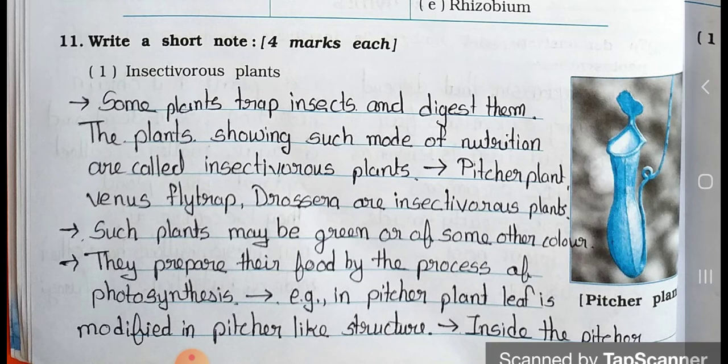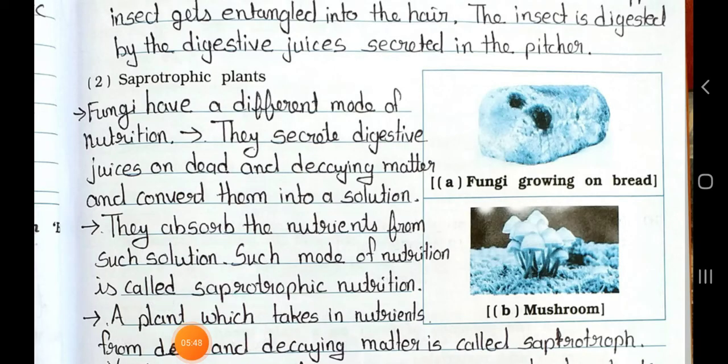Now we will see the next one, number 2, saprotropic plants. See, examples are given: fungi growing on bread and a mushroom. Fungi have a different mode of nutrition. They secrete digestive juices on dead and decaying matter and convert them into solution.